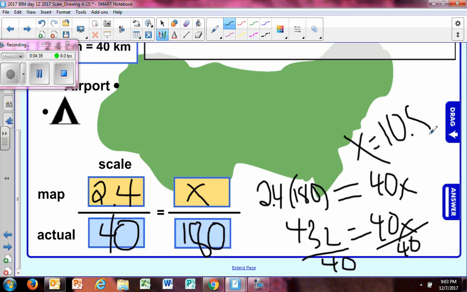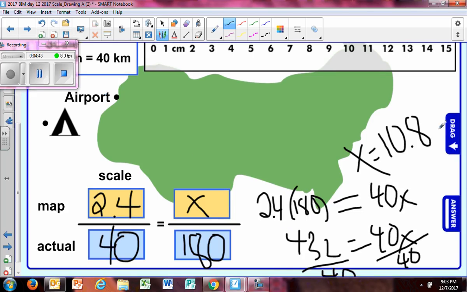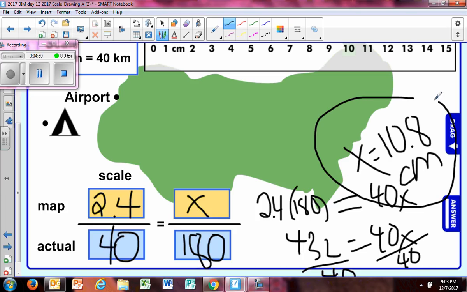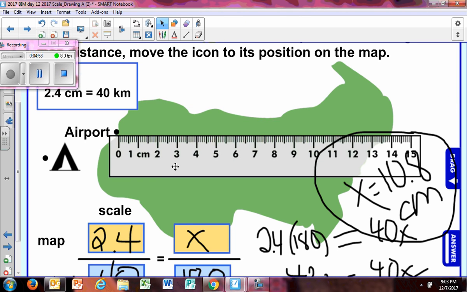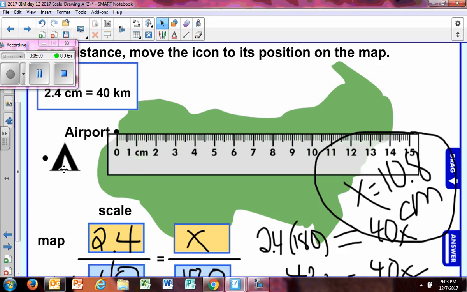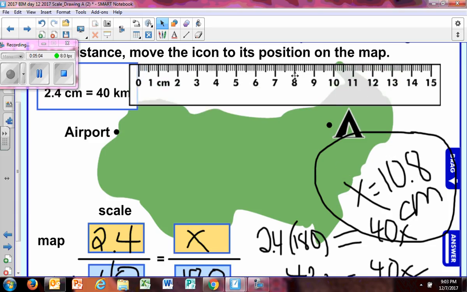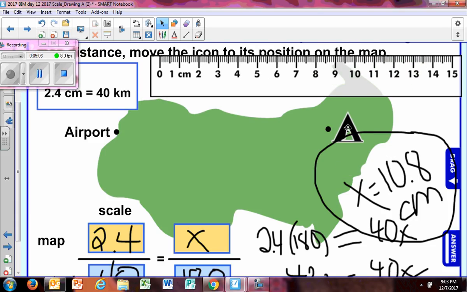Then we look at what our label is, and it should be 10.8 centimeters, and that is my answer. The last thing that the problem asked me to do is place it where it needs to go. So I'm going to pull my ruler down here and measure out where about 10.8 would be. And that's about where it would go.